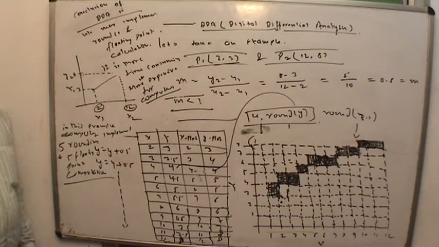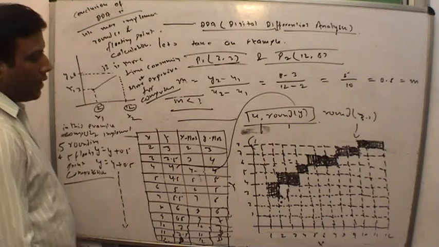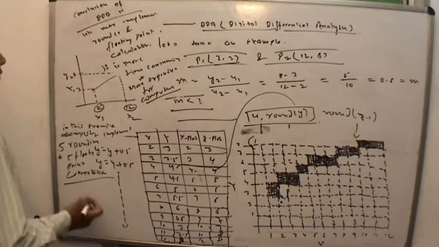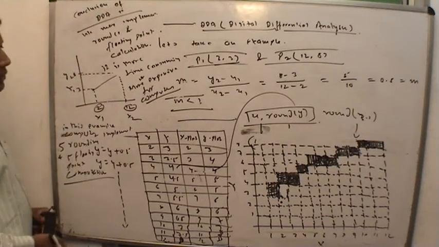So these are all disadvantages of DDA: it is more time consuming because of floating point and rounding functions, so we can implement the Bresenham line generation algorithm as a substitute for DDA.